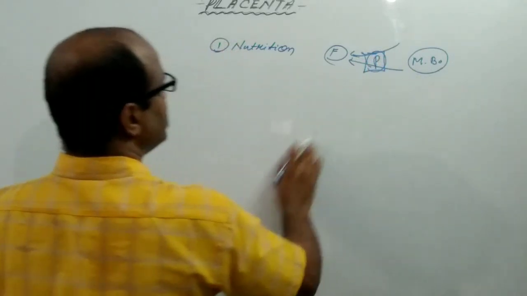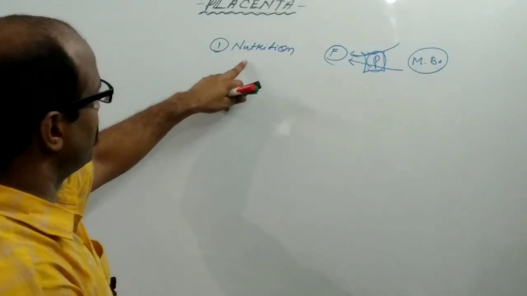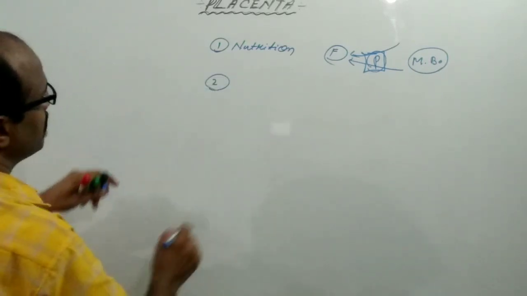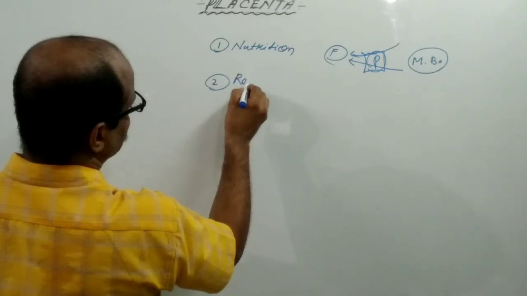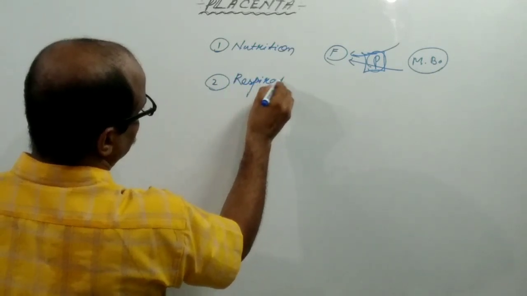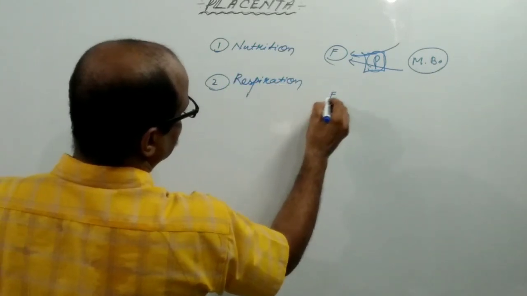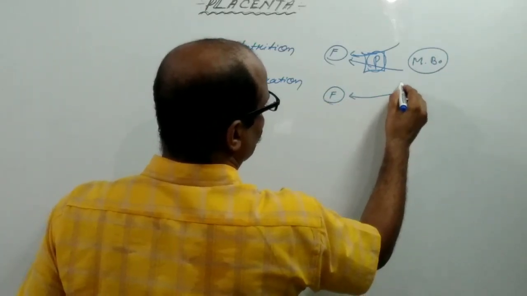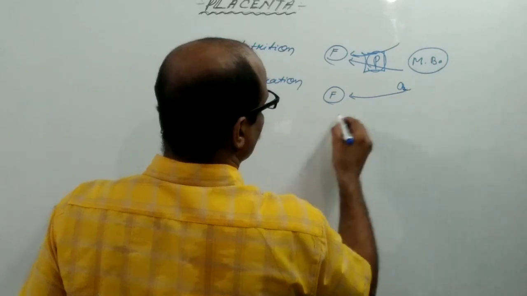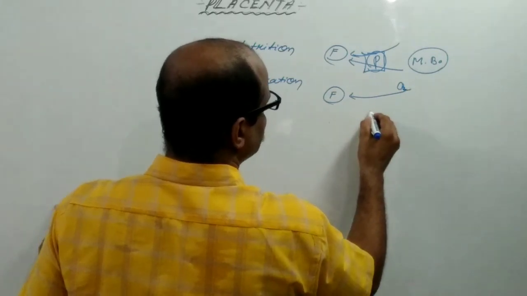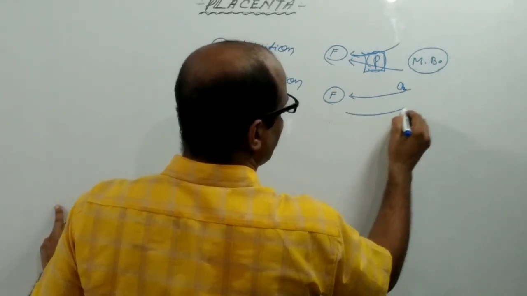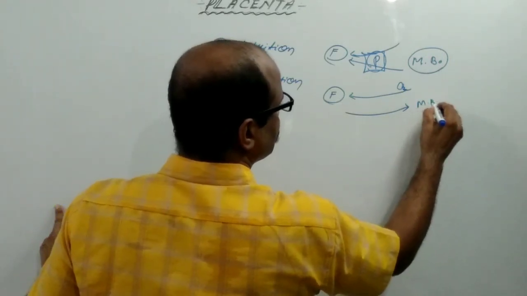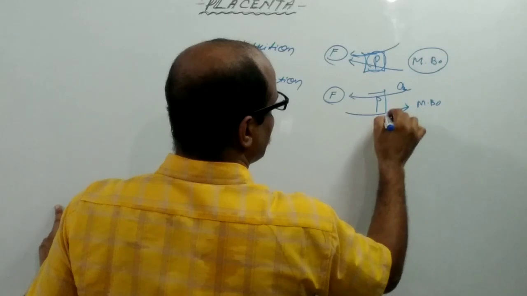So the placenta has this main important function, nutrition. The second important function is respiration. The fetus gets oxygen from the mother's body and releases carbon dioxide from the fetus to the mother's body through the placenta.